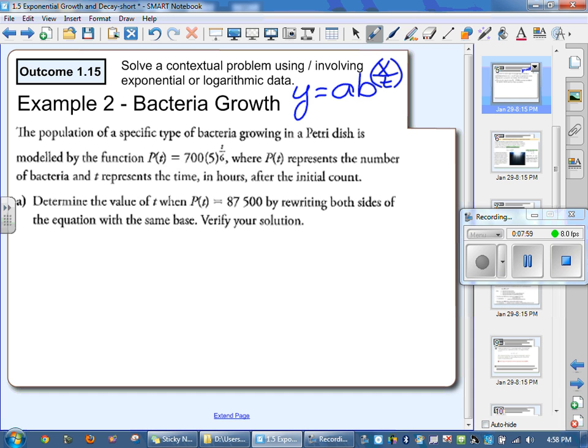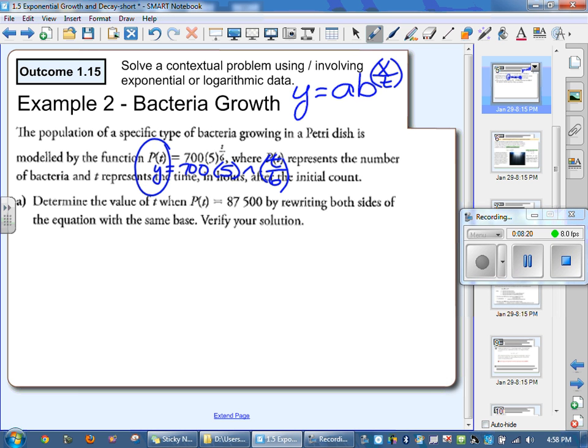So right now, we've got y equals 700 times 5 exponent t over 6. Now it's telling us that the P of t and the y here that I have, those are identical, that's what it means. They're telling us the number of bacteria, so the total population of bacteria.